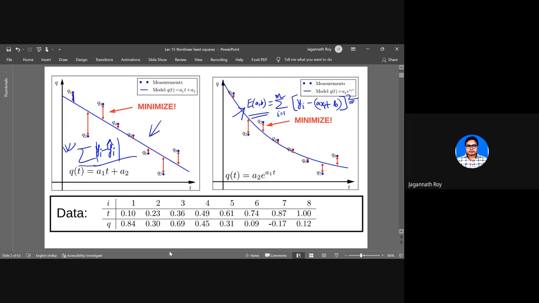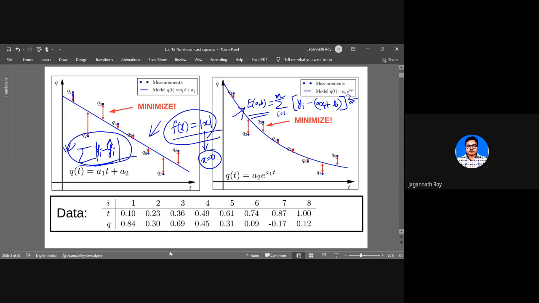But if you consider the absolute values, the problem remains. For example, if you think about f of x equals mod x, is it a differentiable function? It is not. At x equals 0, it is not differentiable.